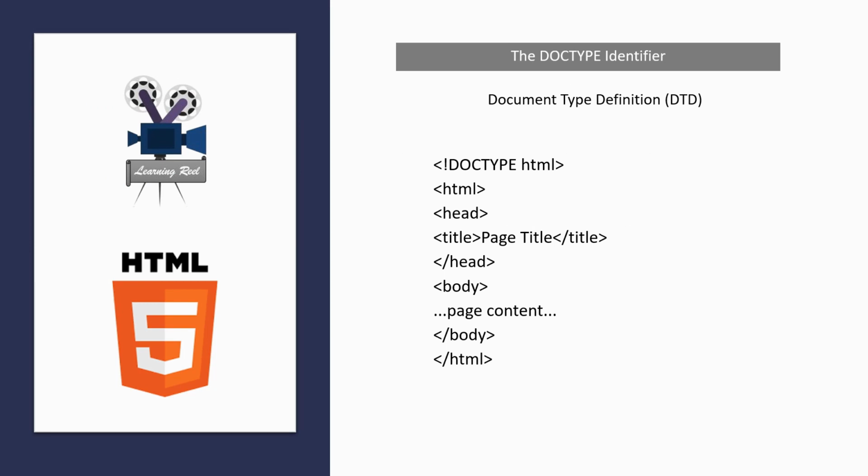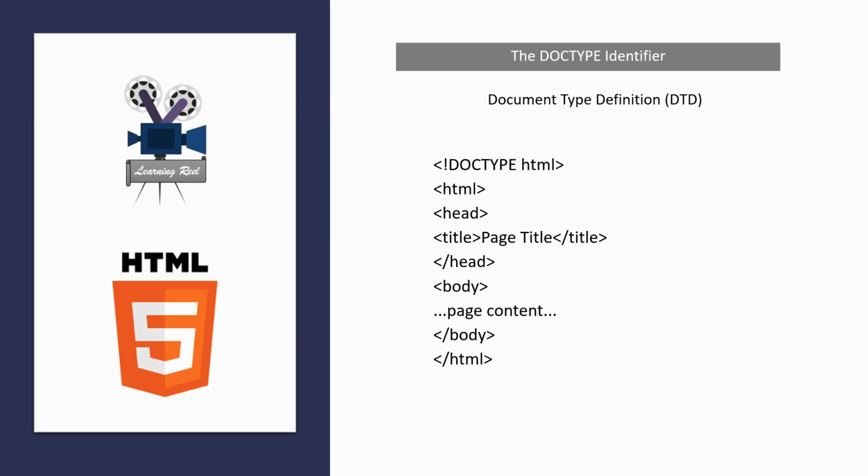Now, the document type or the doc type identifier is not a page structure tag. The HTML5 standards impose an additional requirement on your web pages. The first line of each page must include a doc type identifier that defines the HTML version to which your page conforms, and in some cases the document type definition, which is nothing but DTD, that defines a specification.